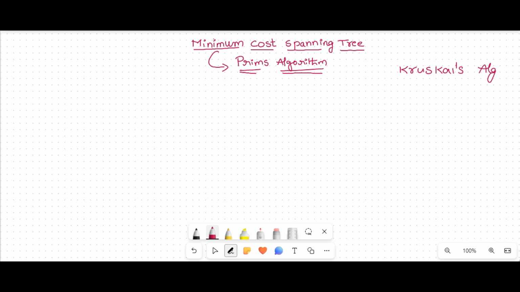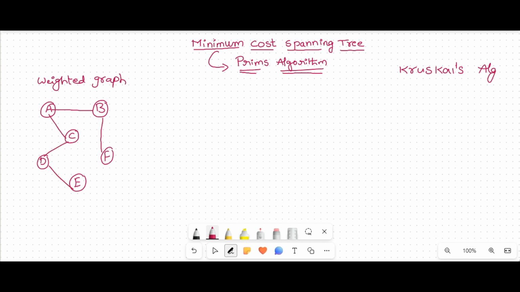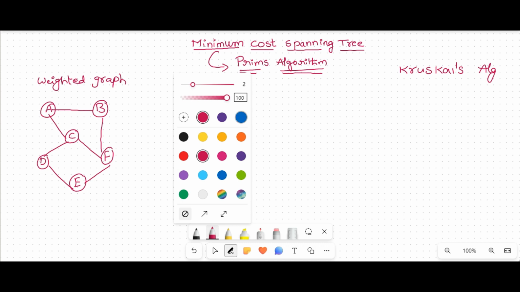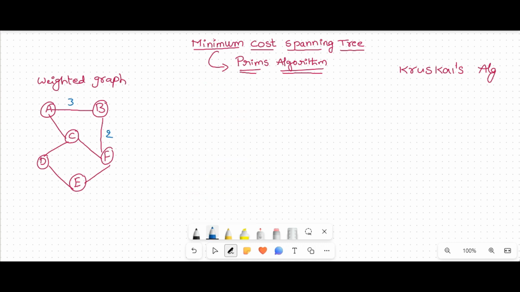For this, consider a weighted graph. For example, this is the graph with vertices A, B, C, D, E, F, and the weights here are 3, 2, 6, 4, 1, 7, 5.